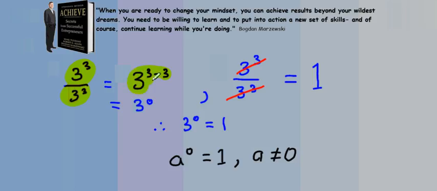However, using the rules of exponent, when dividing powers with the same base, you find the difference between exponents. So 3 to the power of 0 is the result. On the other side, when you divide two identical quantities, the result is 1. So this implies the following, that 3 to exponent 0 must be 1.